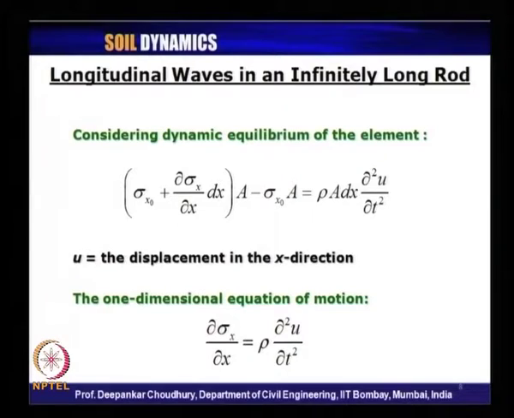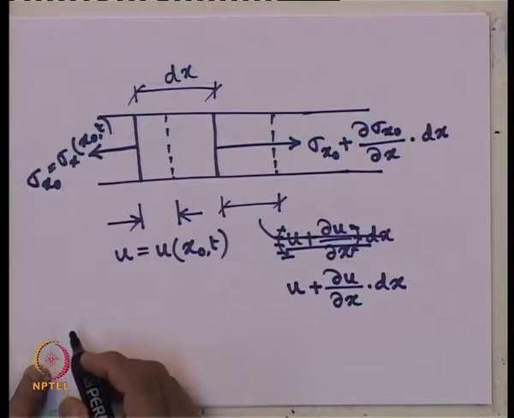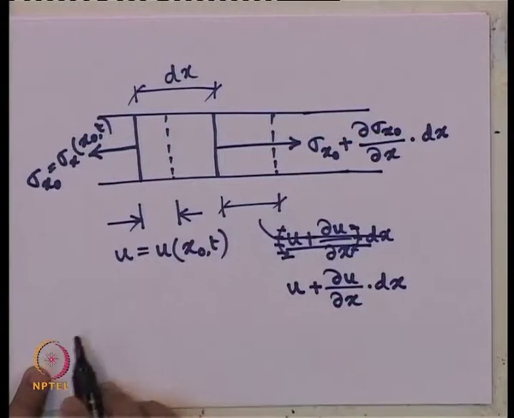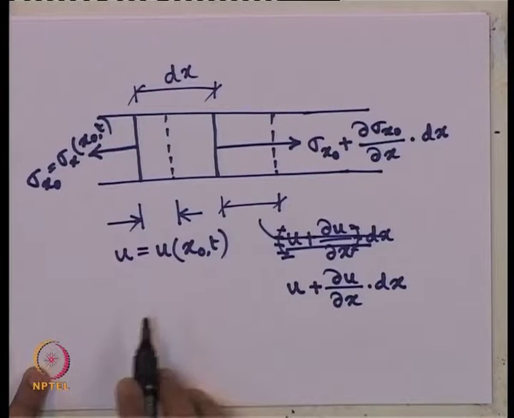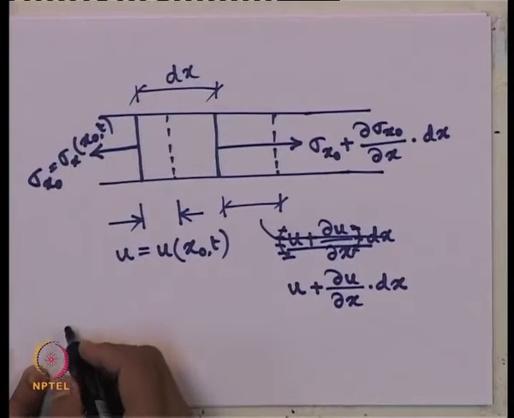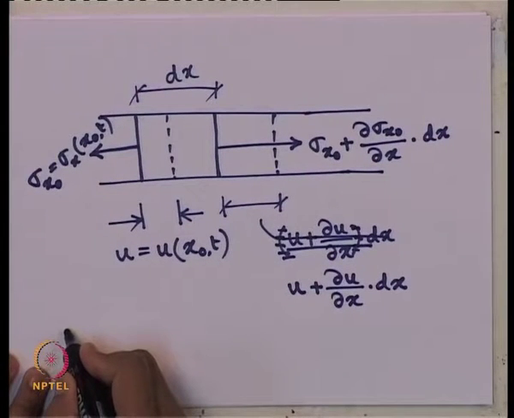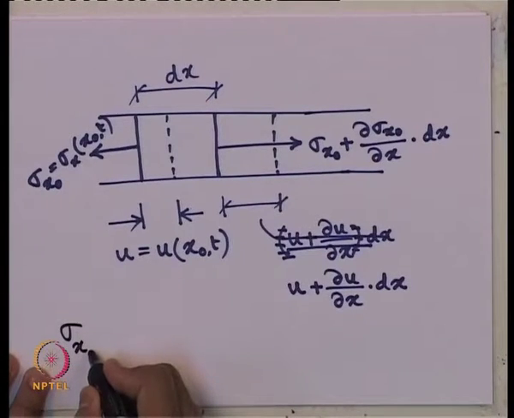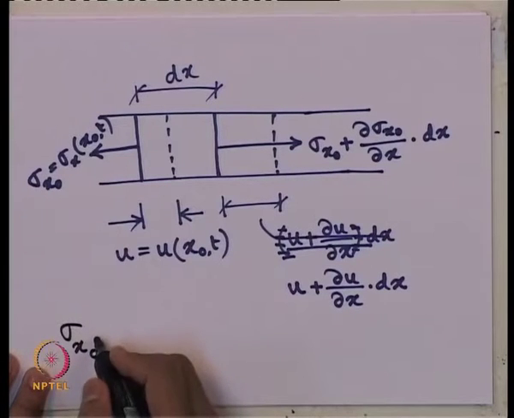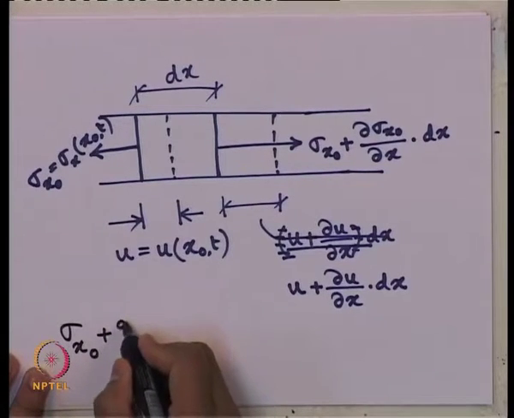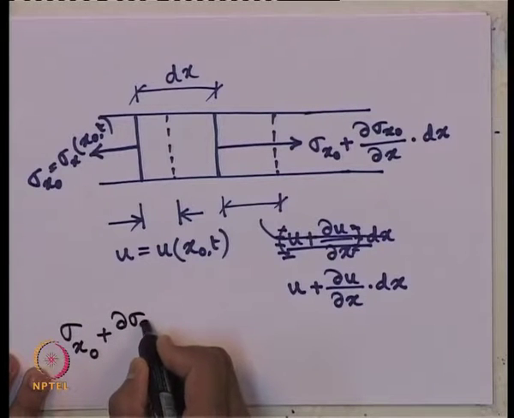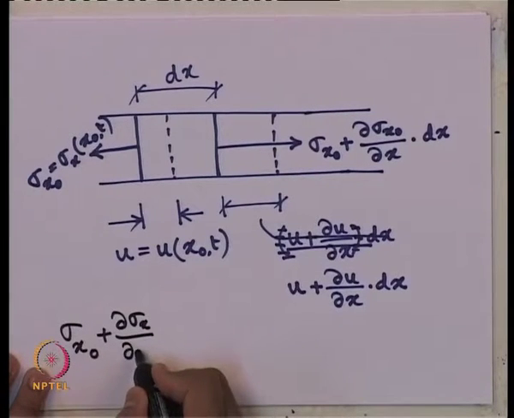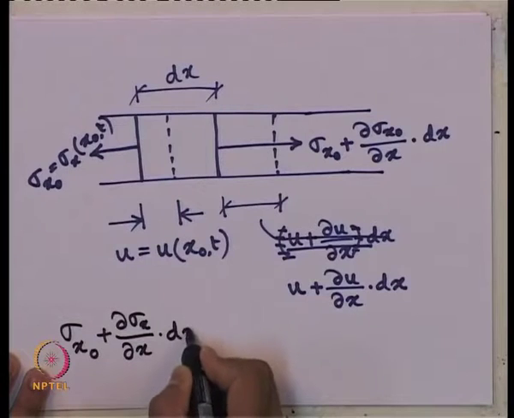So, considering the dynamic equilibrium in this direction of travel of the wave, we can write for the force equilibrium in the x direction, sigma x naught plus del sigma x del x into dx.